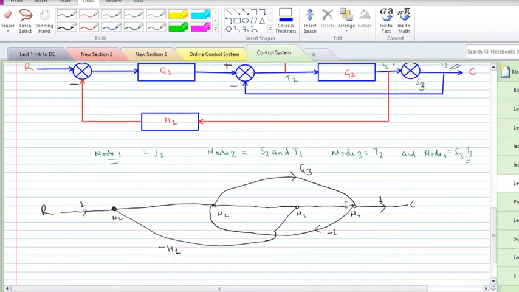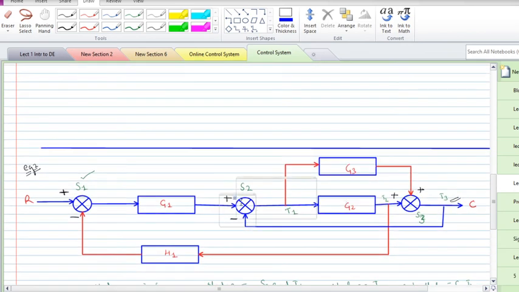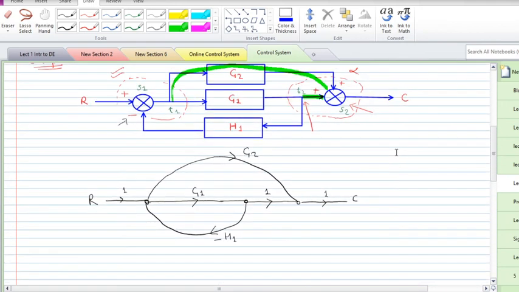Now it is very difficult to remember which summing point and which takeoff point is to be considered as a single node. So it's better not to join the summing node and takeoff point, just take them separately. Like in this case, you can also draw the equivalent signal flow graph like this.